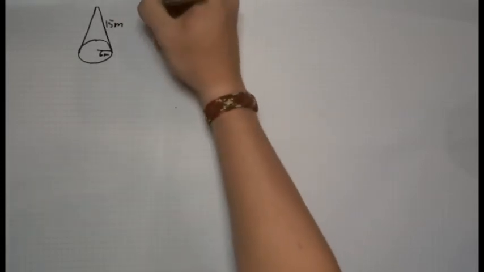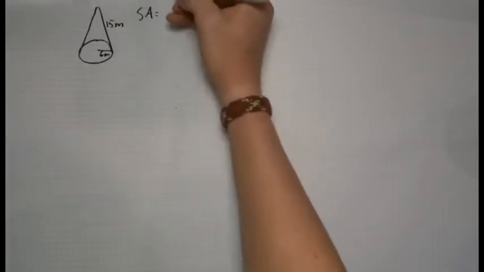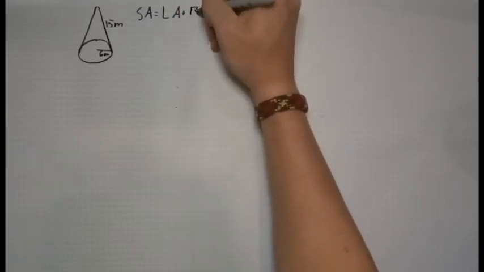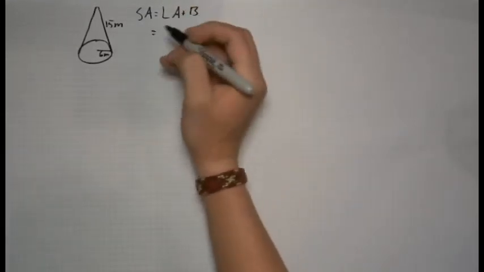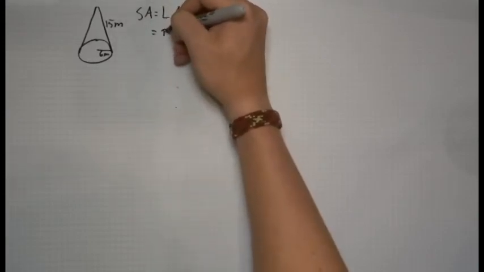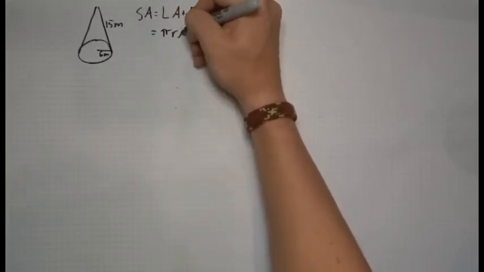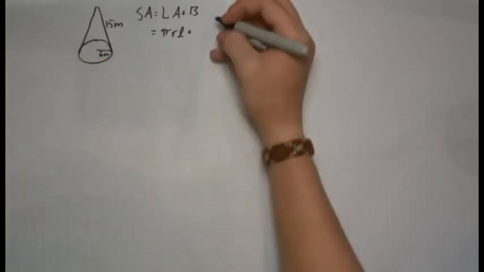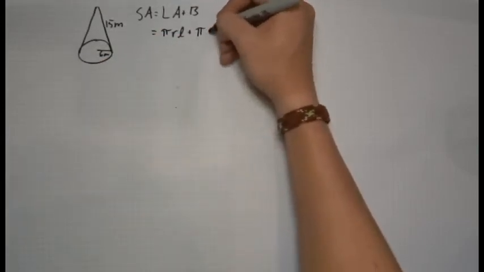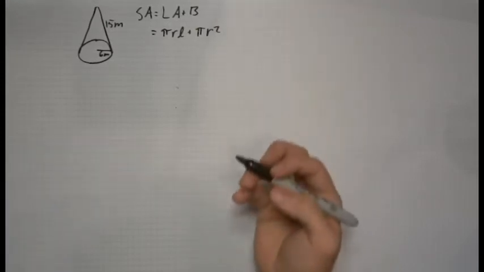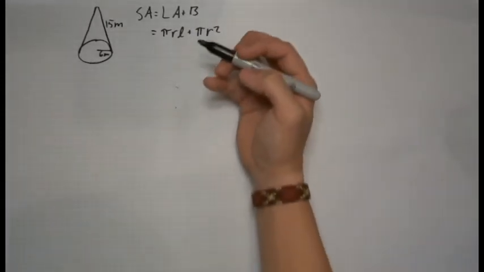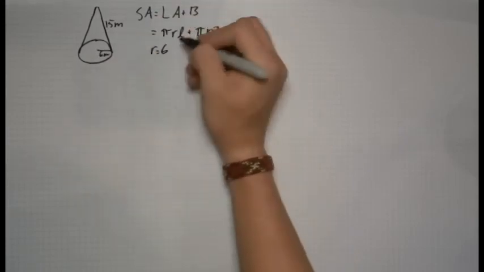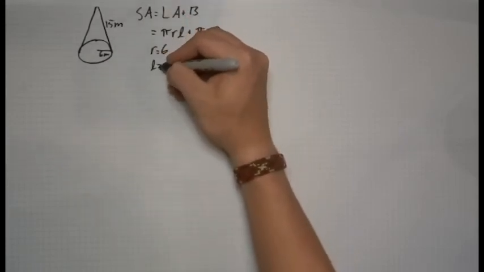So the surface area is always the lateral area plus the area of the base or the bases. And for our cone, we just figured out that the lateral area is pi r L plus the base. And since our base is a circle, it's going to be the area of a circle, which is pi r squared.